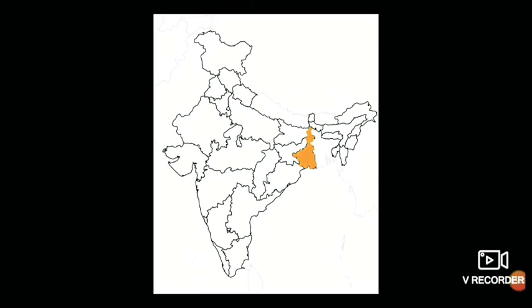Next, it is tidal forest. Tidal forest is found in Sundarbans and other deltas. Deltas are the regions that are near seas and oceans. Here we have marked West Bengal. You can mark it using orange color. Here the roots of the trees are outside. They are not under the soil or under the water.